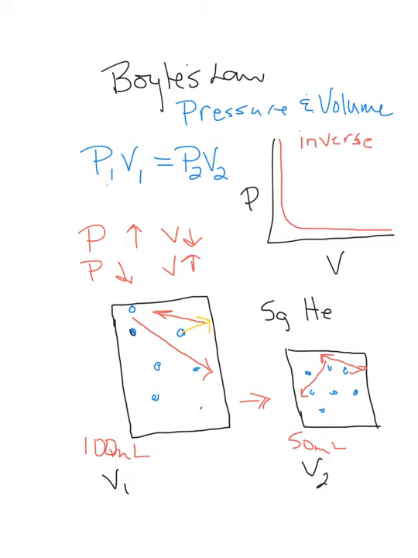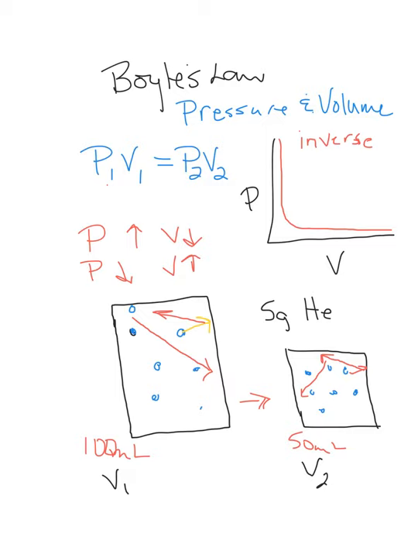And because of that, pressure increases. This is just a visual to help you understand why, if my volume is decreasing, pressure is increasing. It's because you still have the same amount of gas molecules, but now they're in a much smaller container, still moving at a constant rate, because we haven't changed the temperature. That's going to increase the pressure, and vice versa.